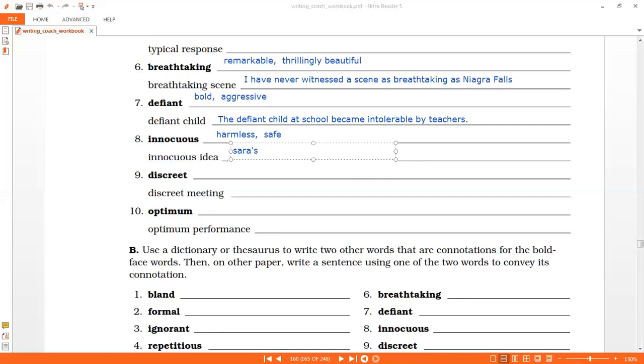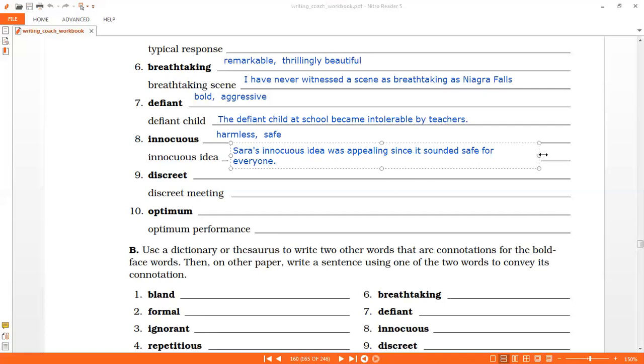So I'll use it in a sentence in this way: Sarah's innocuous idea was appealing since it sounded safe for everyone.